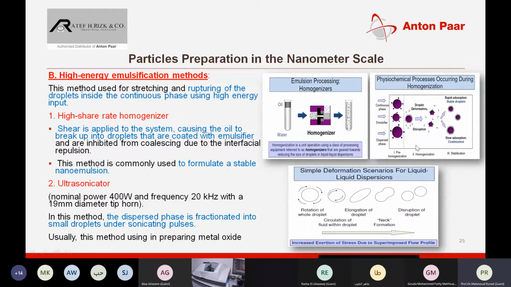The second device is the ultrasonicator. In this method, the dispersed phase is fractionated into small particles under sonicating pulses. This method is used to prepare metal oxides.